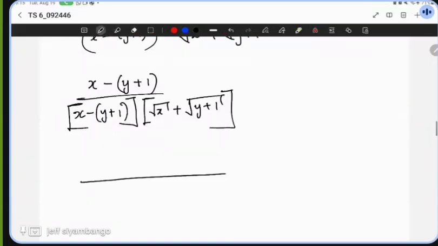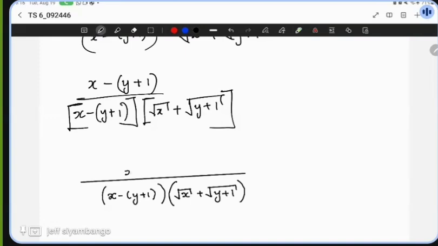I'll not change a thing. Root of x plus root of y plus 1. I was doubting Thomas, but now I believe I've just seen how it works out. This is x minus y plus 1. Look at the numerator, x minus y plus 1. This is how our function has reduced.